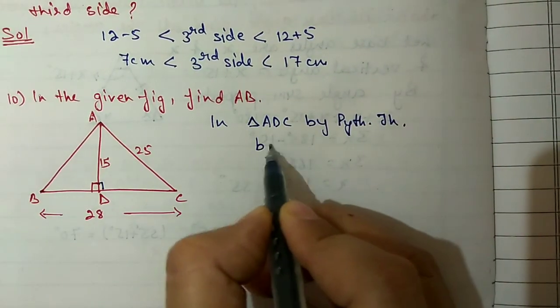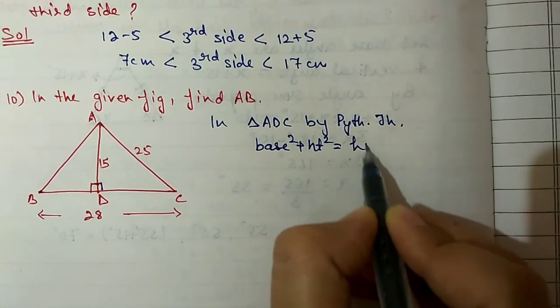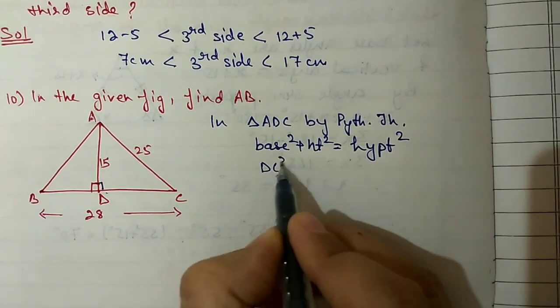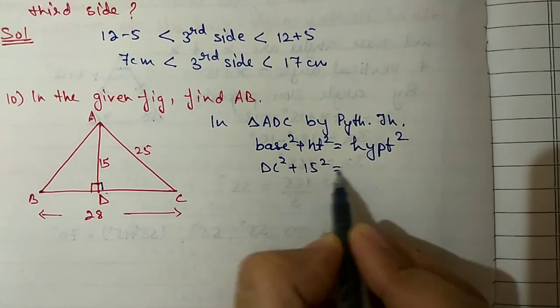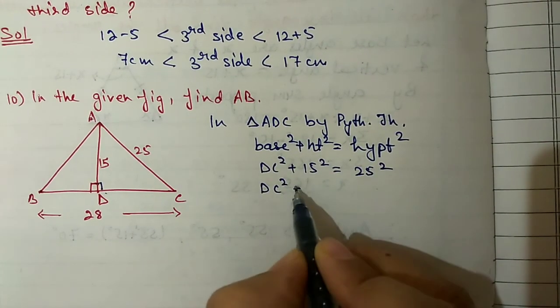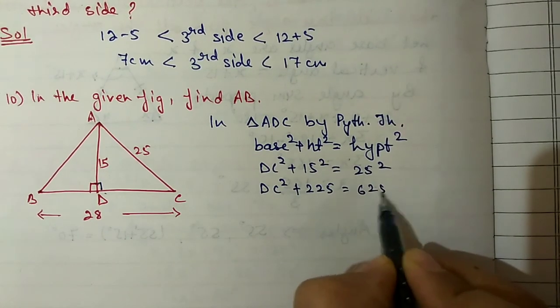base square plus height square equal to hypotenuse square. So base is here DC square plus height is 15 square equal to 25 square. So 15 square is 225 and 25 square is 625.